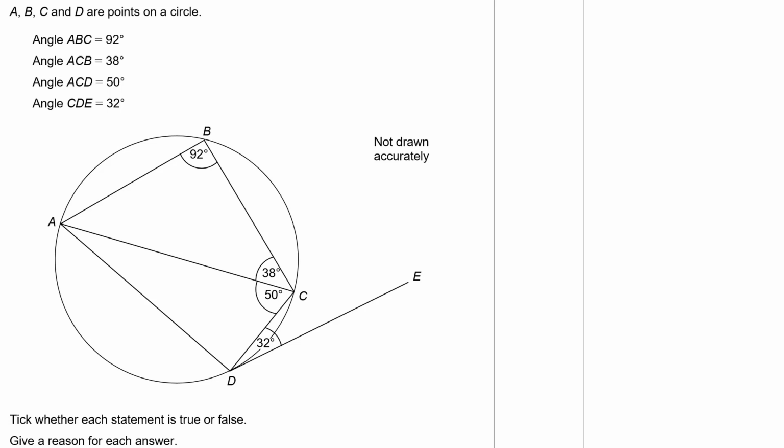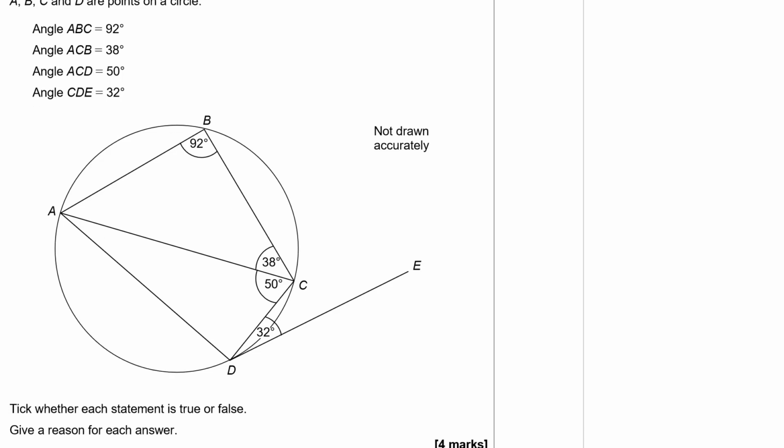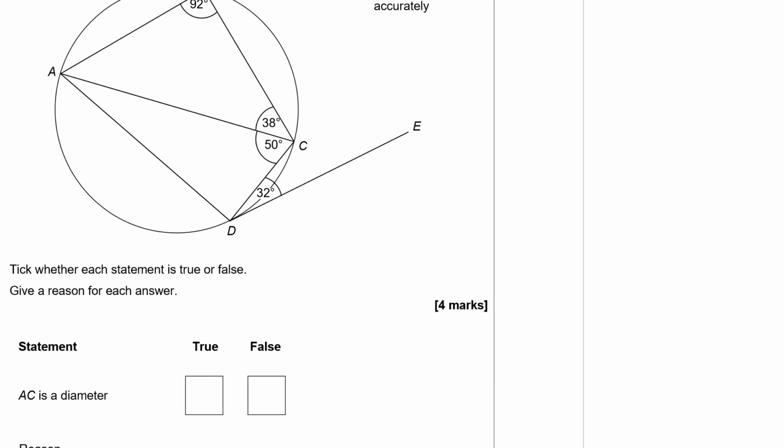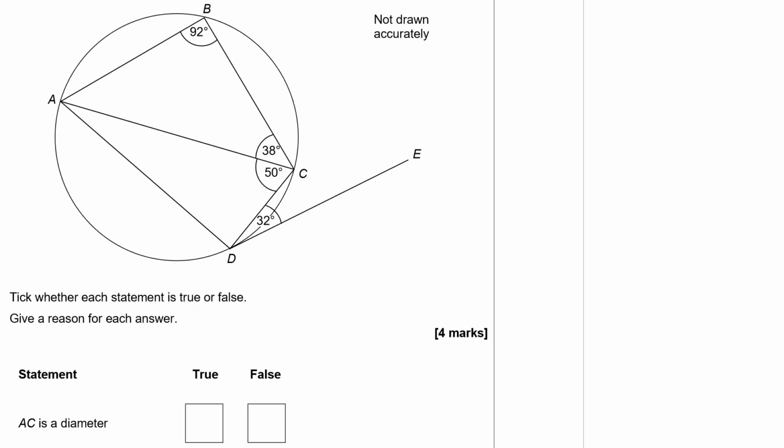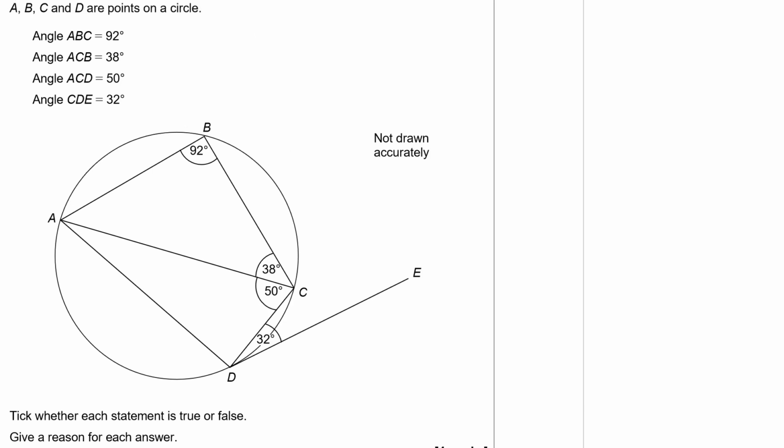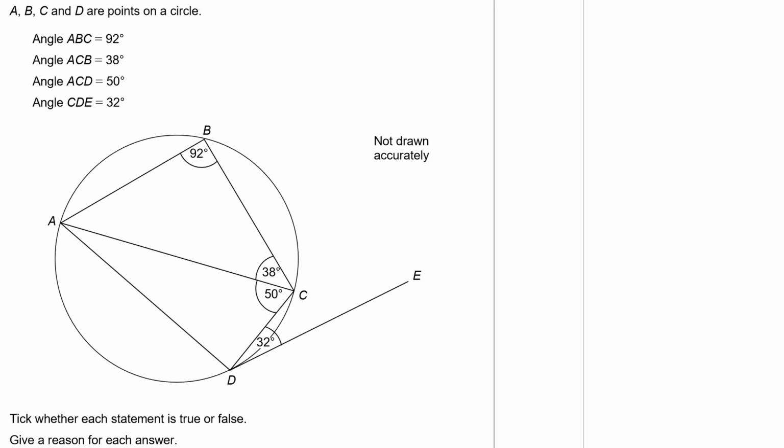In 24 we've been given quite a complex diagram with a circle and lots of other angles added in, and we're asked a series of questions. We need to decide whether or not they're true or false. So first up, the first question asks, is it true or false that AC is a diameter? Now, if AC was a diameter, then ABC would be an angle in a triangle in a semicircle, wouldn't it?